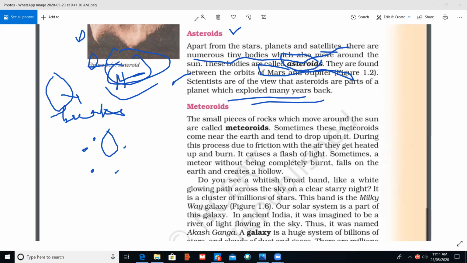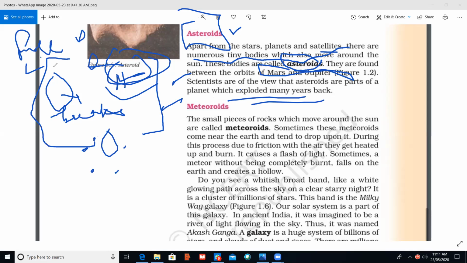Okay, so this is your asteroid, and then comes meteoroids. In other words, we can say that asteroids are small pieces of broken planets. Meteoroids. Small pieces of rock which move around the sun are called meteoroids. Sometimes these meteoroids come near Earth and tend to drop upon it.